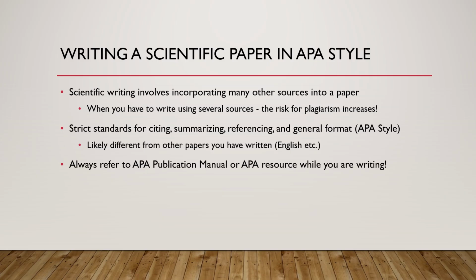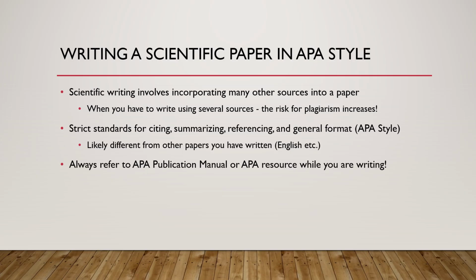And as we write and include all of these sources, it can get kind of confusing identifying what is the author's ideas versus what are the ideas of the people the author is referencing. And this increases the risk for plagiarism. Plagiarism is any kind of intentional or unintentional sharing of information as your own when it belongs to someone else.